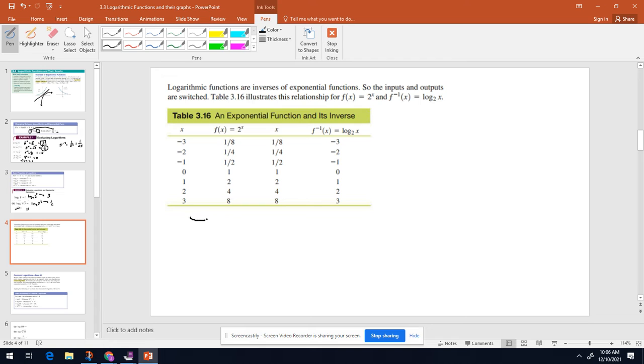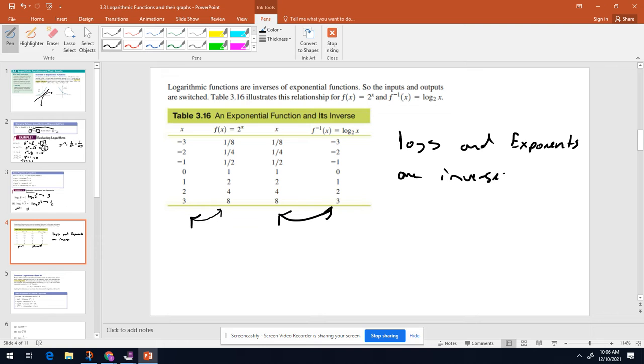See how they just switch? These values just switch when it comes to logarithms and inverses. The y values and the x values just switch. So logs, really important, logs and exponentials or exponents are inverses of one another.